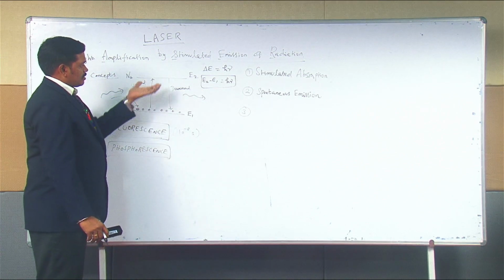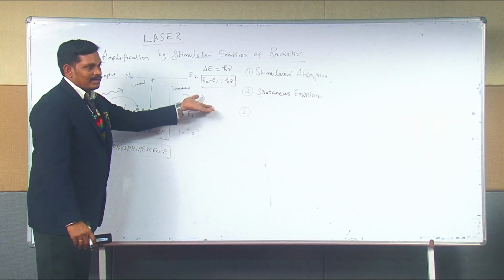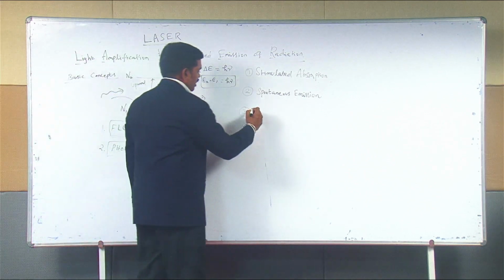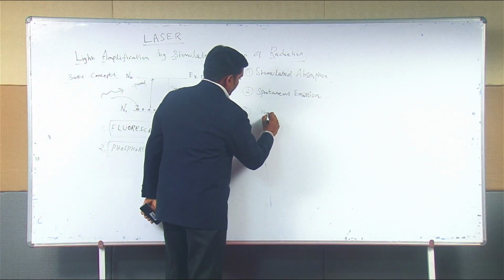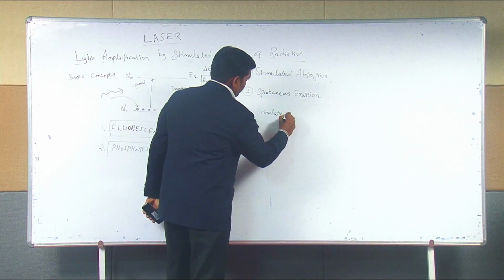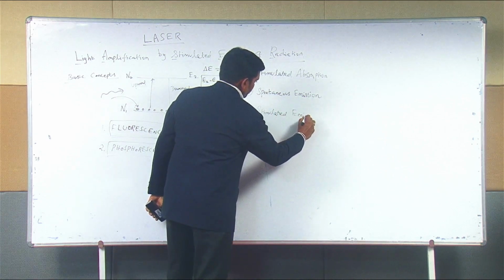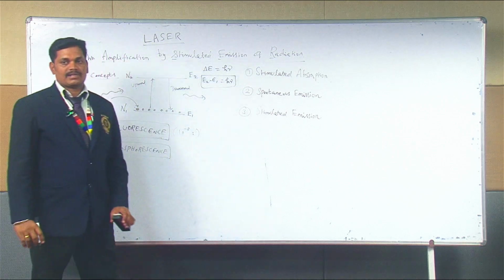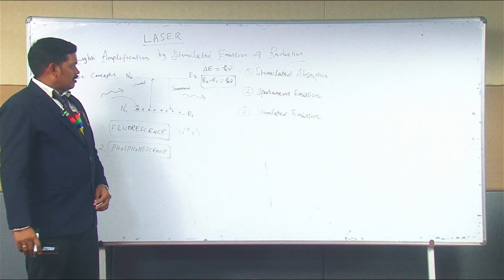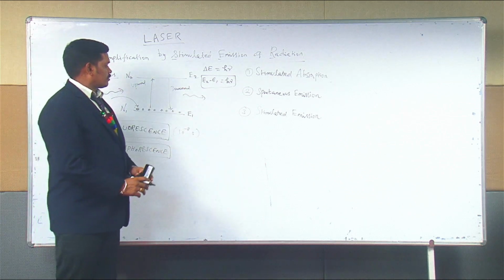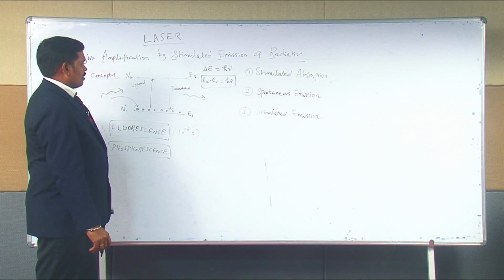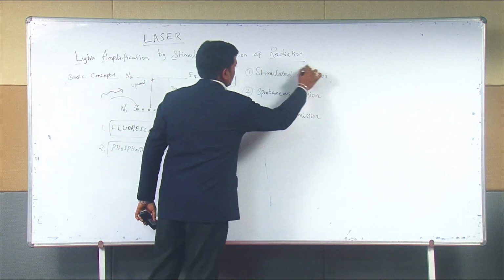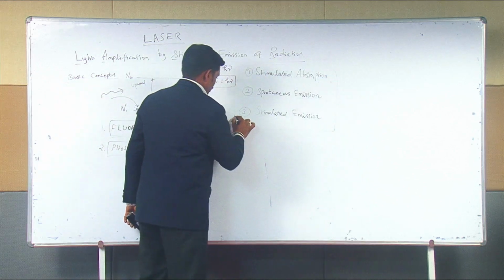In some cases, it is not emitting as laser, then it should be further triggered by an external photon, and then we can say it is stimulated emission. So these three processes are very important to understand any laser action. Now we have to understand the remaining laser action mechanisms.